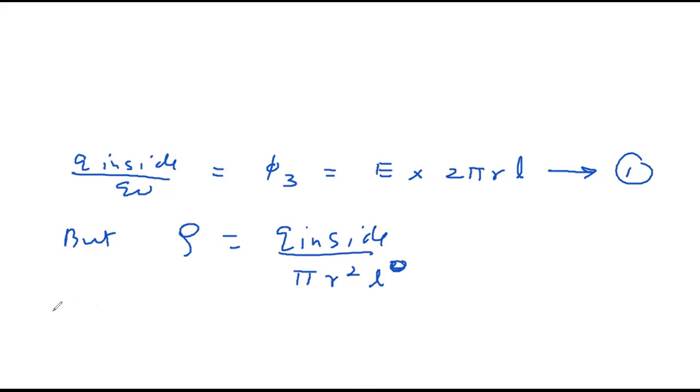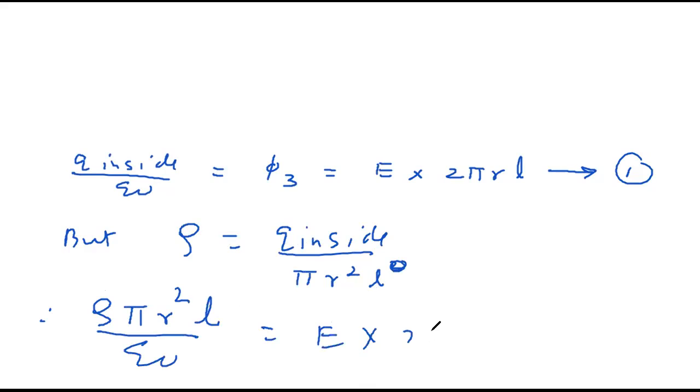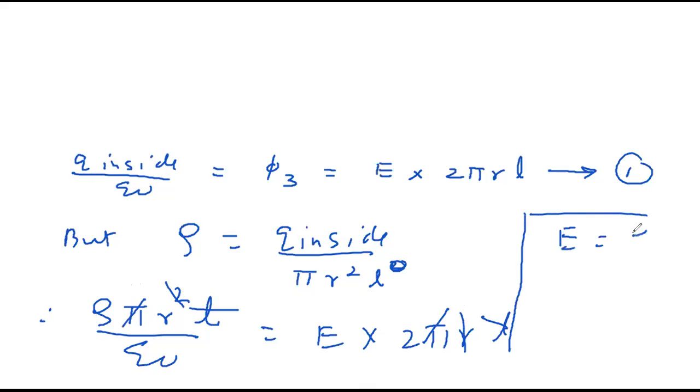So our Q inside will become rho into volume inside, pi r square L, upon epsilon naught is E into 2 pi r L. We can cancel L, we can cancel one r, we can cancel pi. Therefore, we get intensity E equals rho r upon 2 epsilon naught.